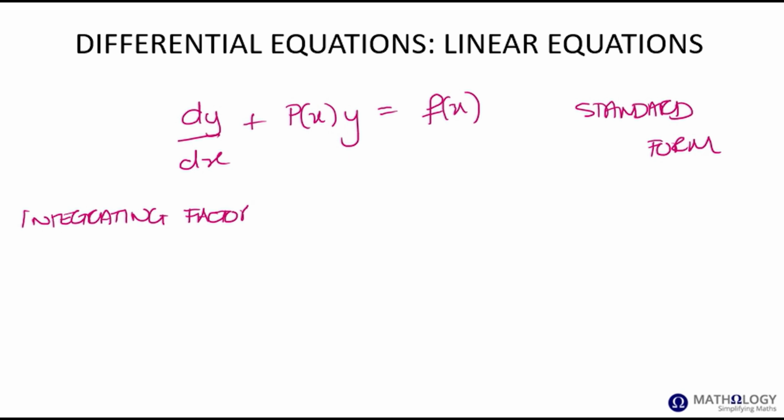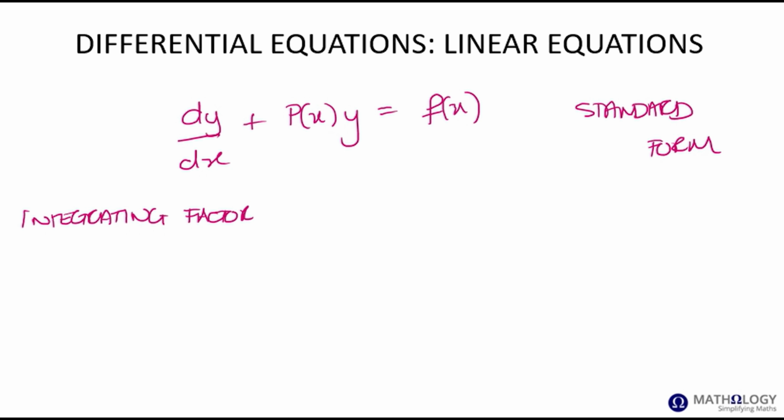The way we go about solving these types of differential equations is first by expressing the differential equation in standard form, which is dy/dx plus p of x y equals f of x. We then need to find the integrating factor. Once we've found it, we multiply each term of the differential equation by that integrating factor.